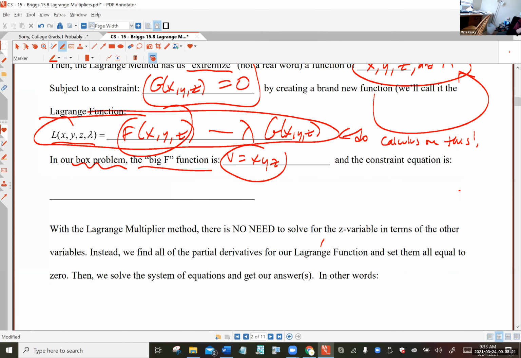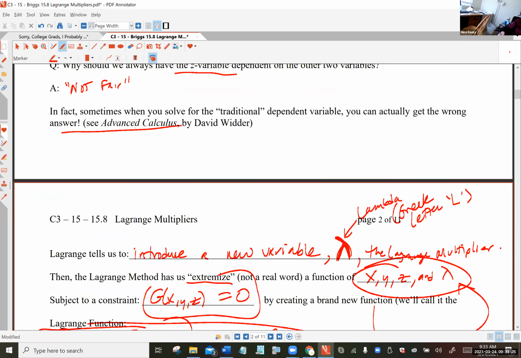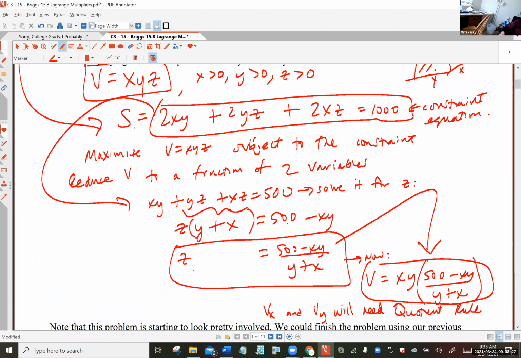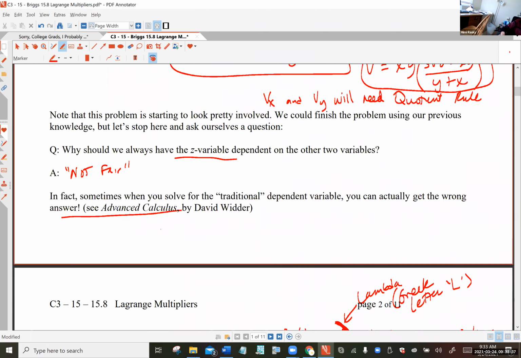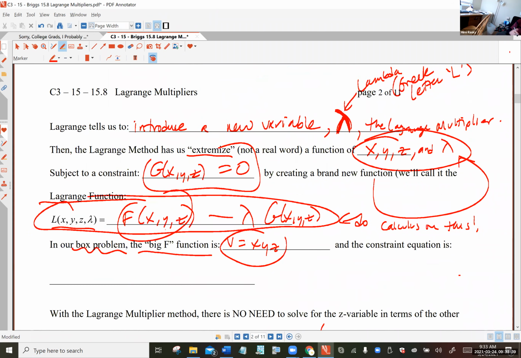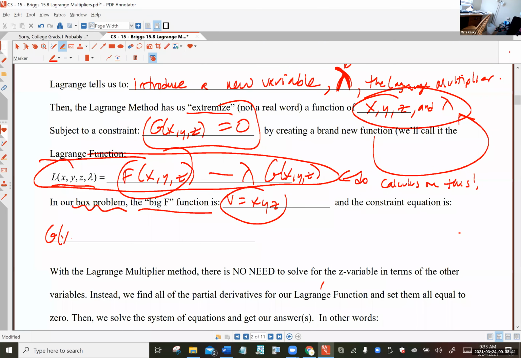And then the constraint, when we rewrite it where we get everything on one side and 0 on the other, and I'm going to use the version where I reduced my constraint by dividing both sides by 2, just because it looks a little prettier. And if I subtract 500 from both sides of that equation, so I can get everything on one side and 0 on the other, my G is going to look like XY plus YZ plus XZ minus 500 equals 0.